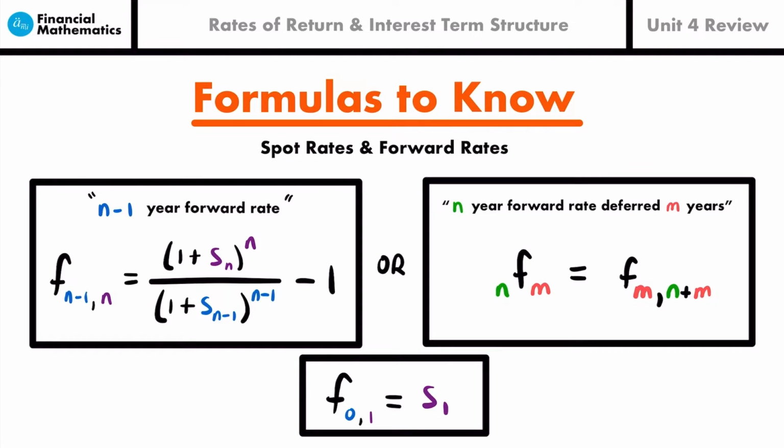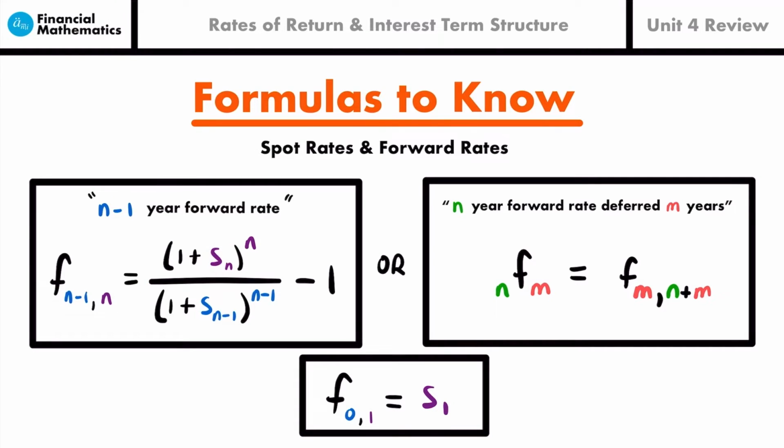The most common way that I see forward rates referred to is with this wording. You have the N-1 year forward rate. What that means is you have a forward rate between years N-1 and N. So if this was a 3-year forward rate, we're talking about the forward rate from year 3 to year 4. All right, and to calculate that forward rate, you would take an accumulation factor for the spot rate at the later year, which in our example would be the spot rate for year 4.